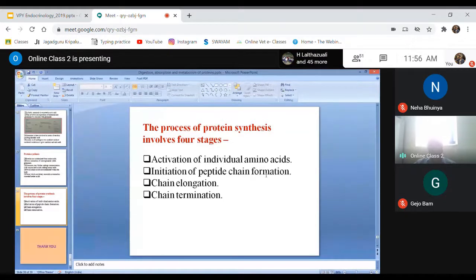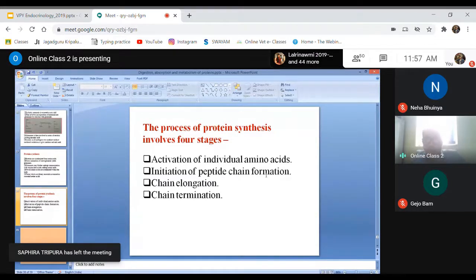Then metabolism: mainly proteins or amino acids will be utilized by the animal for synthesizing their body protein or muscles. But when energy is deficient in the diet, when carbohydrate is less or fat is also not present, the animal may utilize amino acid for production of energy. How will the animal utilize amino acid for production of energy?